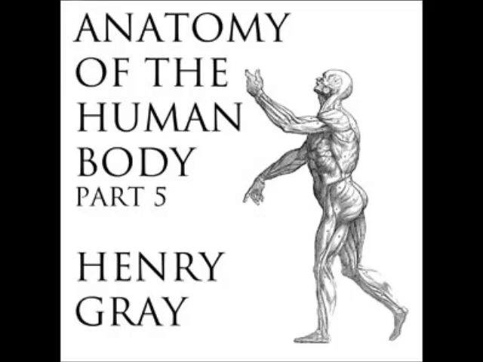Each kidney is about 11.25 centimeters in length, 5 to 7.5 centimeters in breadth, and rather more than 2.5 centimeters in thickness. The left is somewhat longer and narrower than the right. The weight of the kidney in the adult male varies from 125 to 170 grams, in the adult female from 115 to 155 grams.